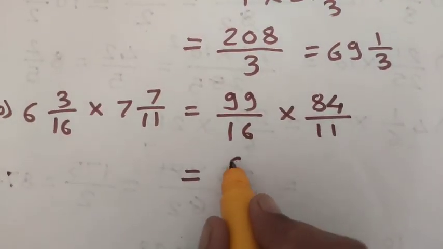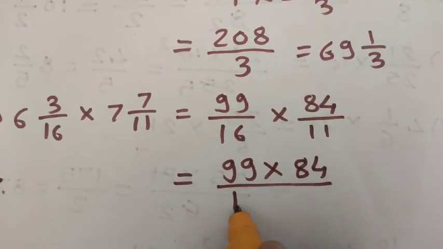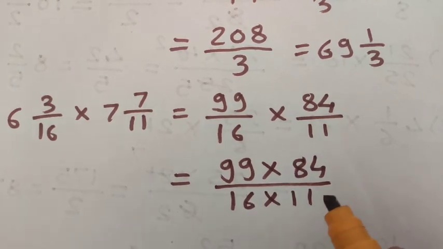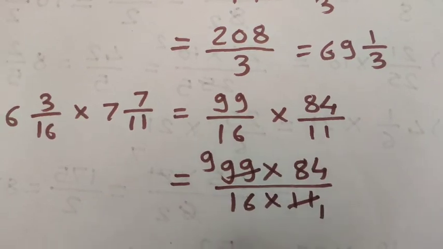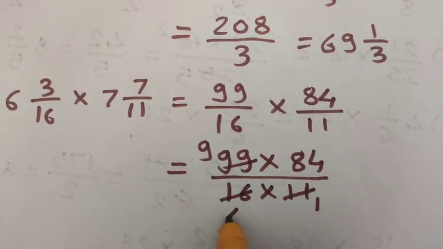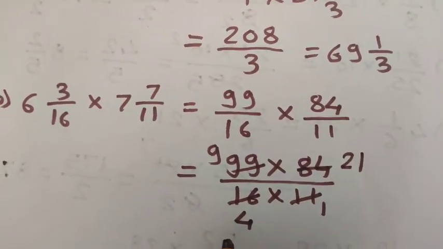Now 99 multiplied by 84, 16 multiplied by 11. 11 1s are 11, 11 9s are 99. Divide this with 4. I am dividing these two numbers with 4. 4 4s are 16, 4 2s are 8, 4 1s are 4.